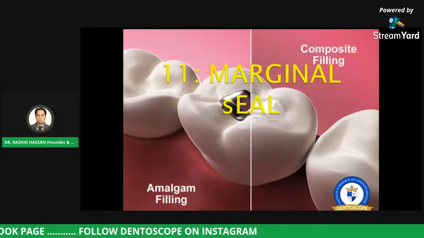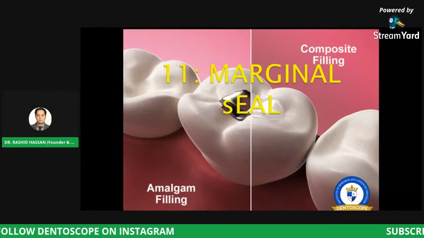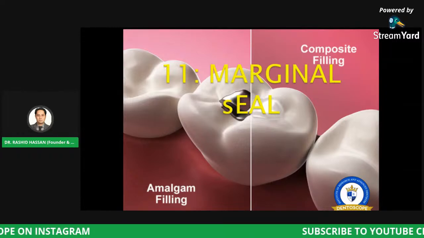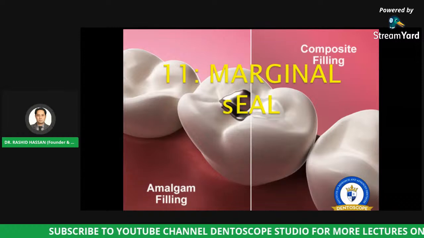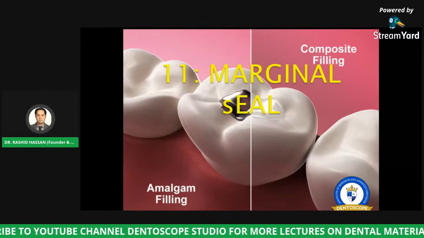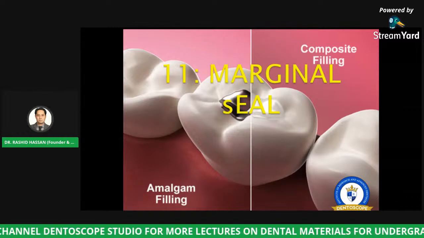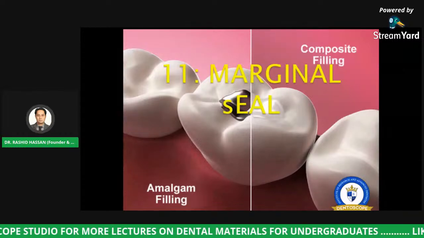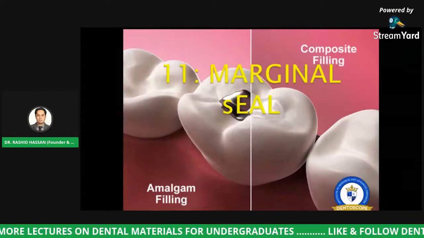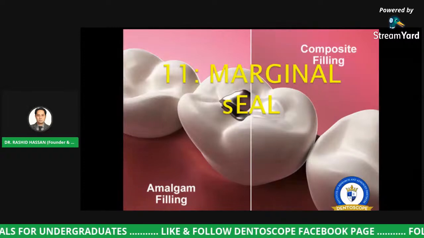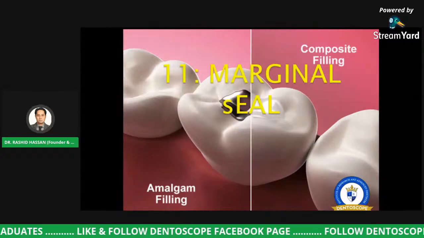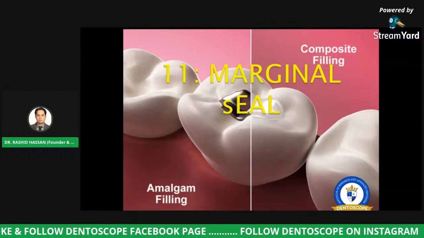And that marginal seal of dental amalgam with the tooth structure is due to, well, it is something very strange, that the disadvantage, the corrosion, which was the major disadvantage of dental amalgam. Well, the corrosive products which are formed, they basically seal the amalgam restoration with the tooth structure. These corrosive products form the marginal seal.